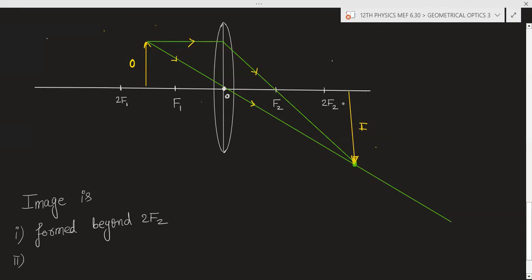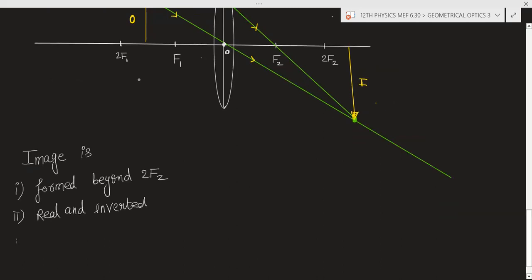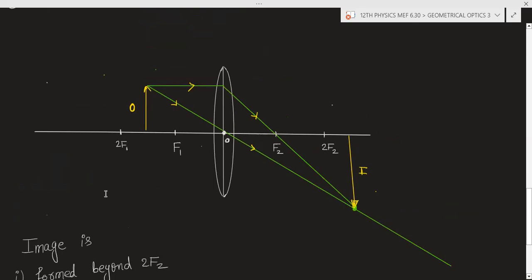Number 2, real and inverted. This time the size of the image is greater than the size of the object. So image is enlarged. Enlarged means the size of the image is greater as compared to the size of object.